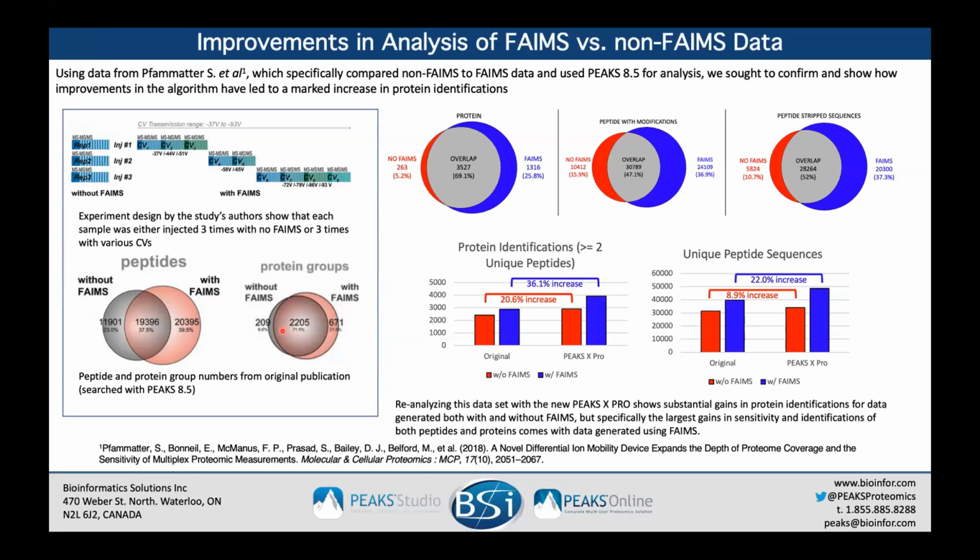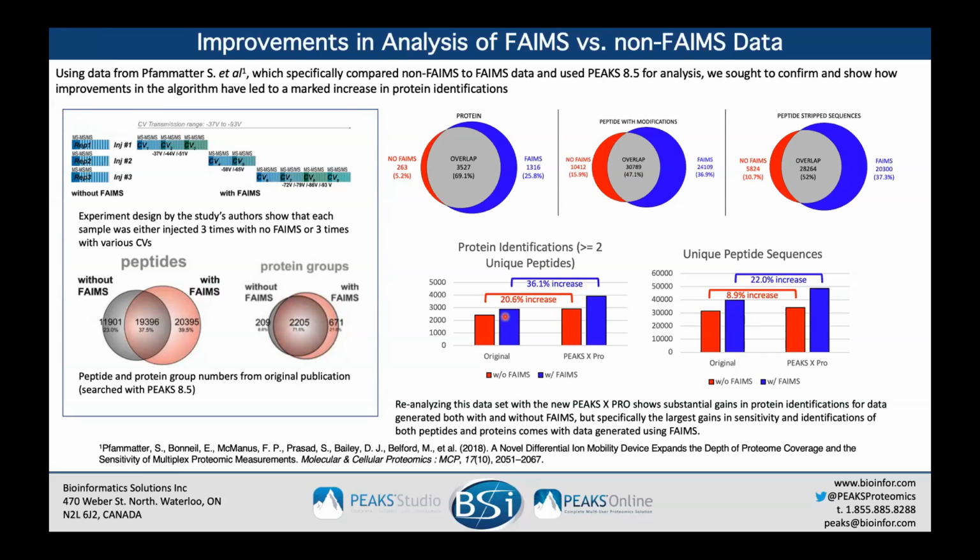When we take this data and research it with the new version of PEAKS, PEAKS Xpro, we see a large increase in protein identifications compared to the initial search algorithm. We can now see around a 36% increase with FAIMS and a 20% increase without FAIMS.